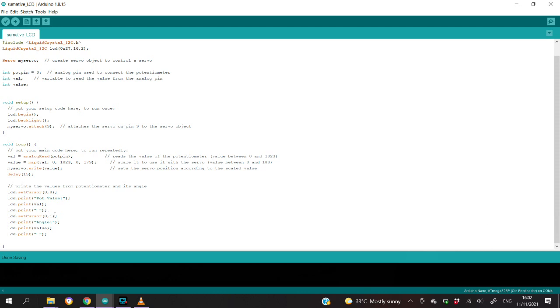So this one is for the second row, which will display the angle, and the value from the scaled value, which represents the angle, and the spaces to avoid overlapping of values. So we will upload this one.